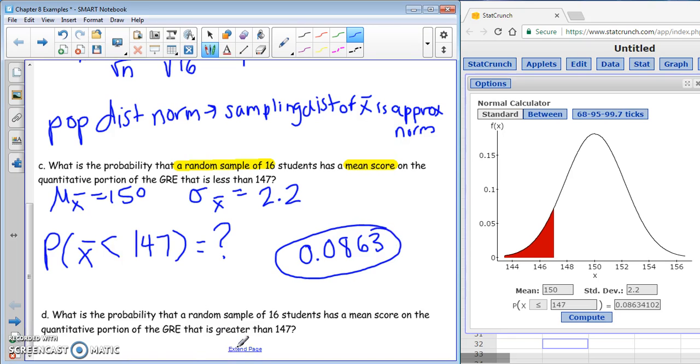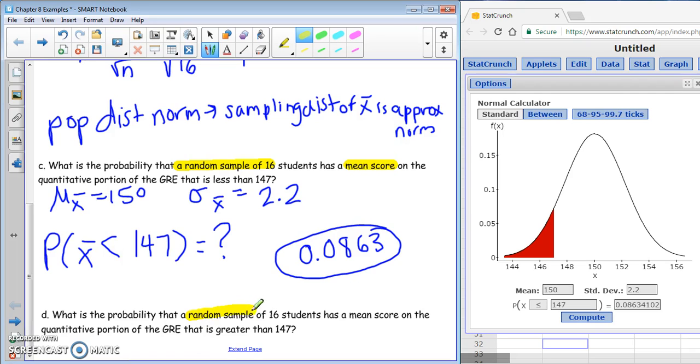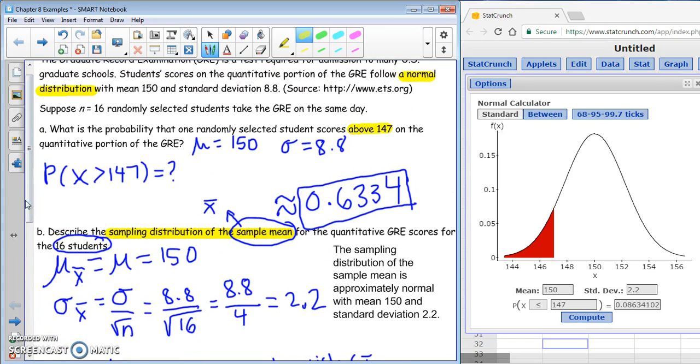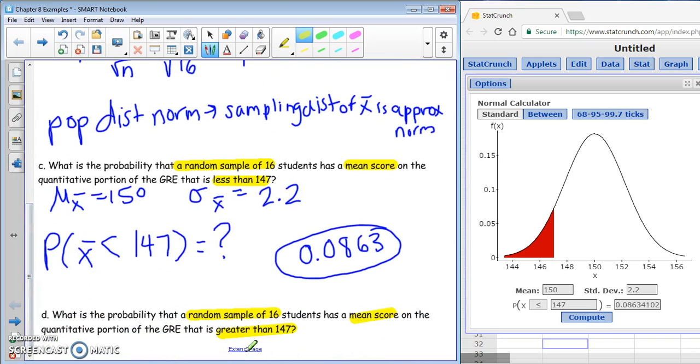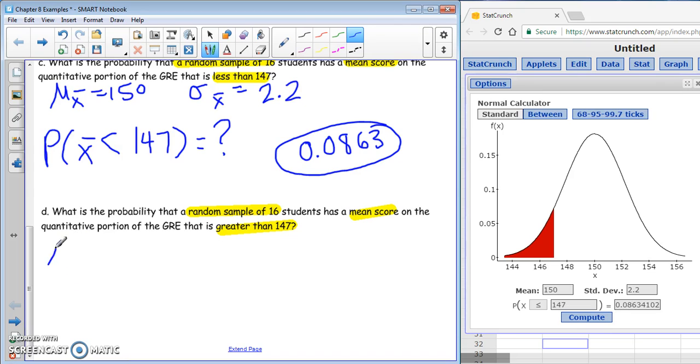And then part D. Again, we're looking at a random sample of 16 and a mean score, and then we're talking about greater than 147. So this looks almost identical to part A. Again, we have the mean of the sampling distribution and the standard deviation of the sampling distribution, which we also call the standard error.